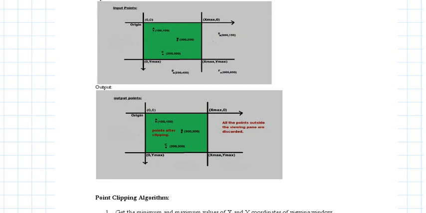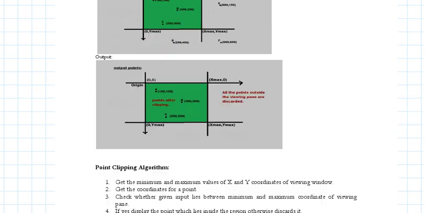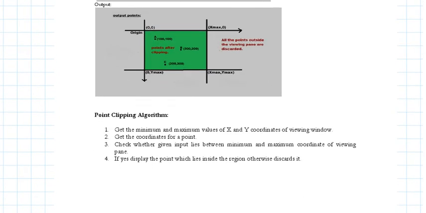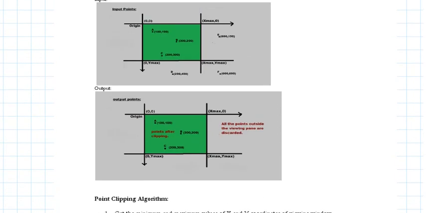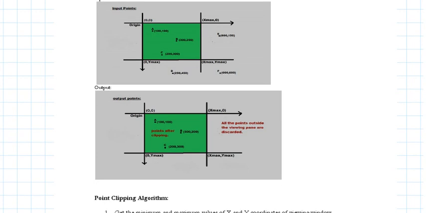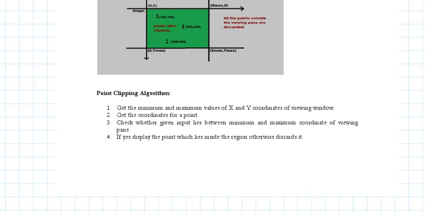So what is the point clipping algorithm? How can you translate this concept of point clipping in terms of algorithm? It goes like: get the minimum and maximum values of x and y coordinates of viewing window. Then go to the next step, get the coordinates for a point.